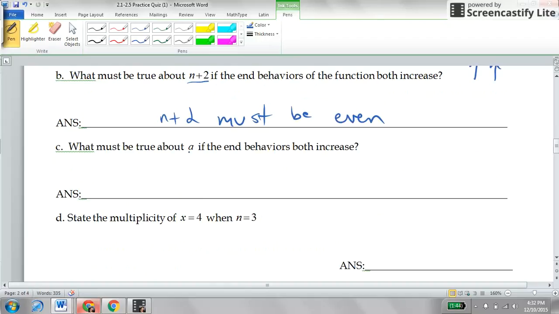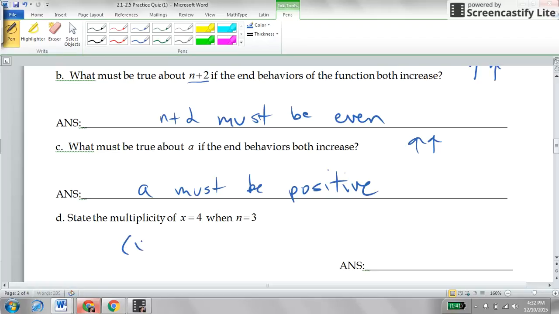What must be true about a, the number out front, if both increase? Well, if both of them are increasing like this, that means it's not flipped upside down. That means the number out in front must be positive. And state the multiplicity of x equals 4 when n equals 3.